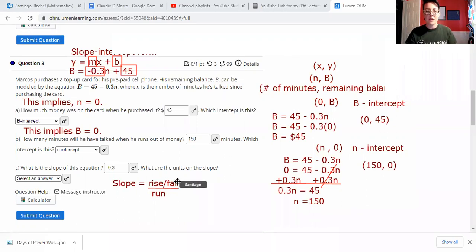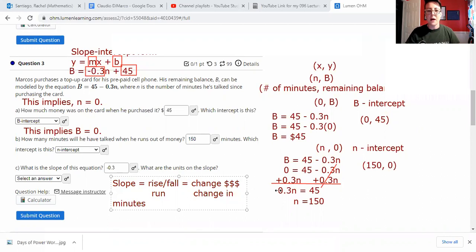So when I think about this numerator here, I'm going to say that that's the change in dollars, right? So change in money, whereas the run refers to the change in x, right? The change in x, which in this case, x is the number of minutes Marcos talks. So it's the change in money over the change in minutes.